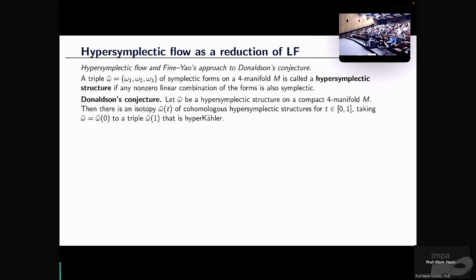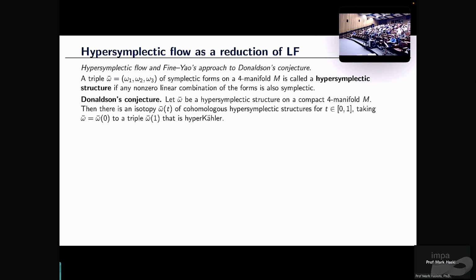So Donaldson conjectured that if you have a hypersymplectic structure on your compact four manifold, then in fact there should be an isotopy through cohomologous hypersymplectic structures that starts with your arbitrary hypersymplectic structure, but then at the end of the isotopy, the triple is not just hypersymplectic, but hyper-Kähler.